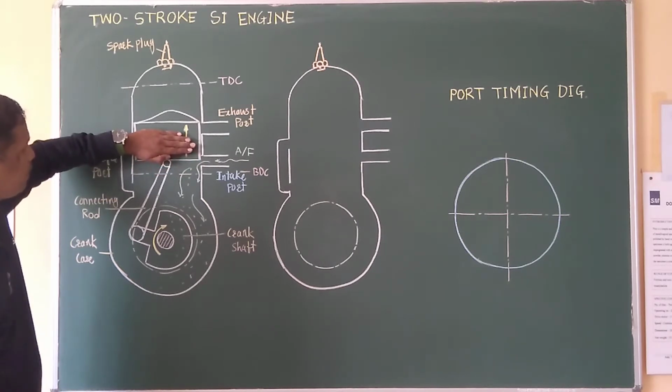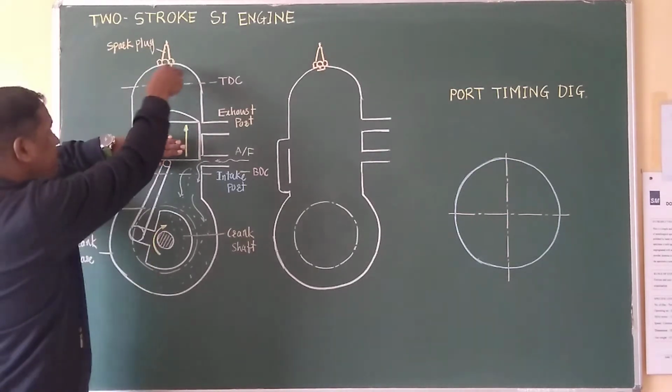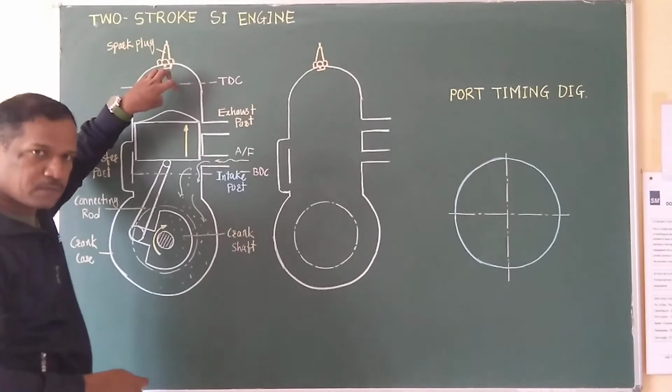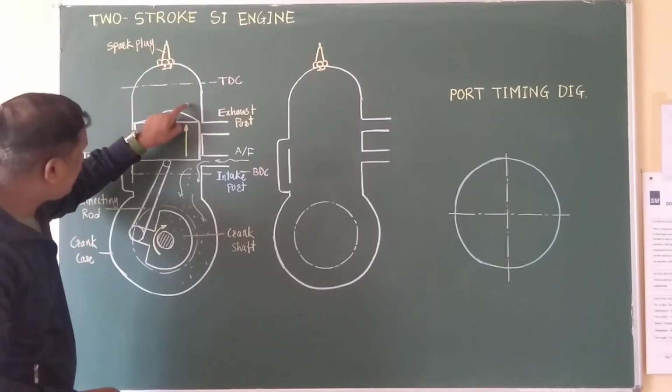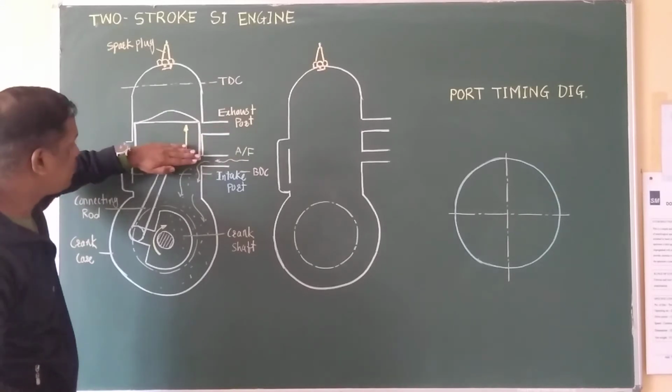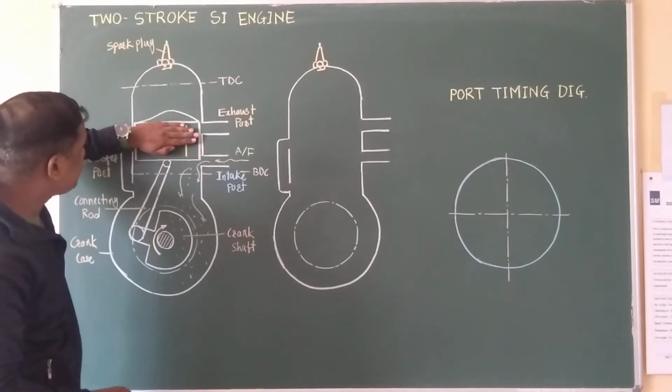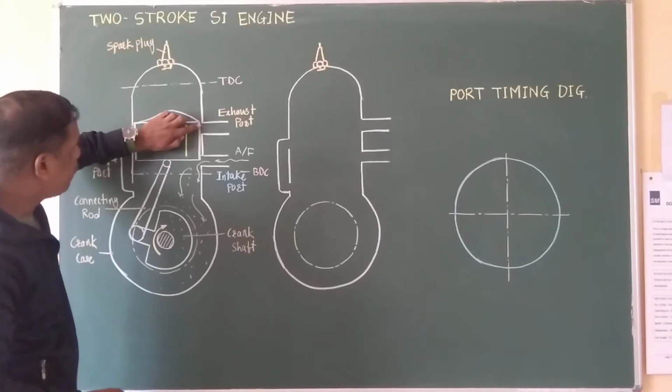Now imagine this piston is moving upward. The intake port is open, suction has started, and it will continue until this intake port gets closed. Now suppose it moves ahead in the upward direction. Suppose the piston top is here.